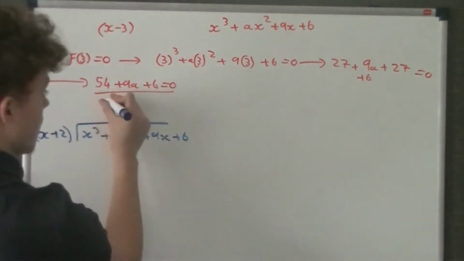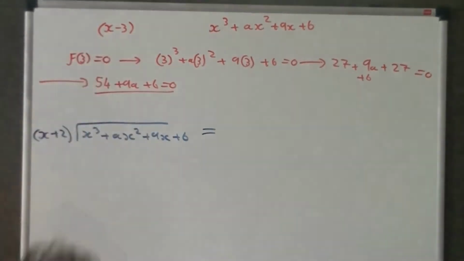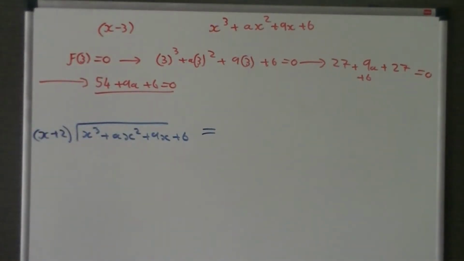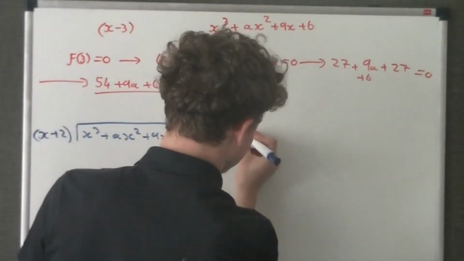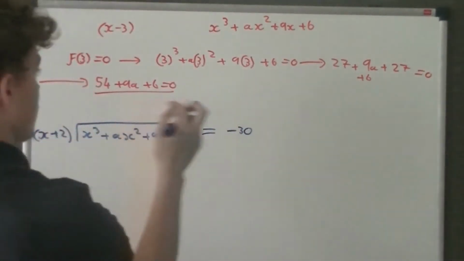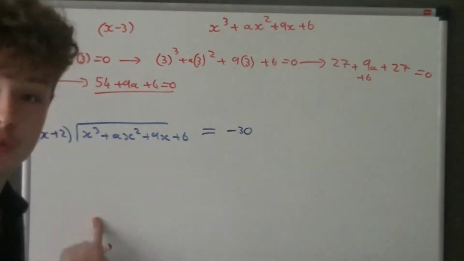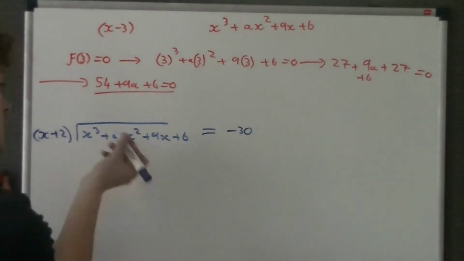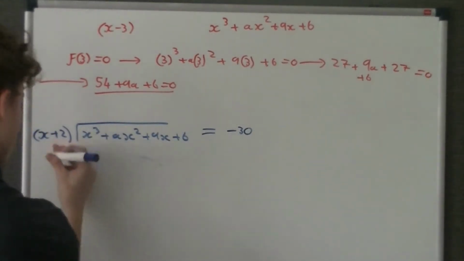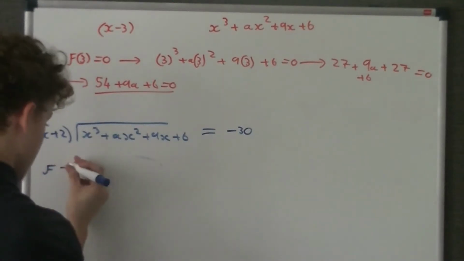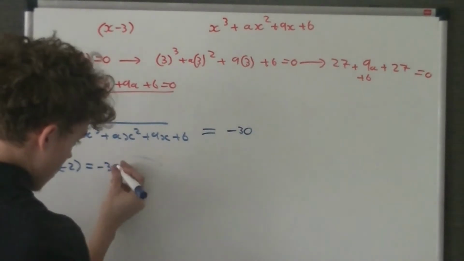Notice how we're not getting rid of b, we still need that. When we do that, the remainder is minus 30. We can either do it the long division way, or we can put minus 2 into this equation, and we know that equals the remainder, so we're going to do that. So f(minus 2) equals minus 30.